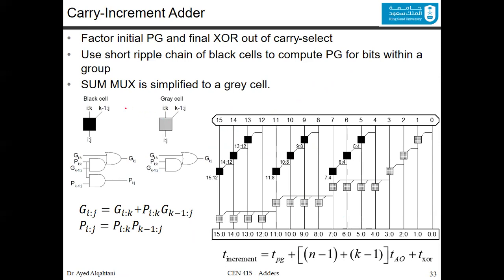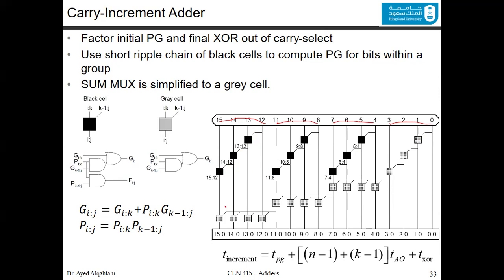Now, the gray cell and the black cell, we already defined them before. The only thing here is that it depends on how you are doing the grouping. So here we did the grouping from 0 to 3, and from 4 to 7, from 8 to 11, and from 12 to 15. And we did rippling here, a ripple here, a ripple here, and also a ripple here.